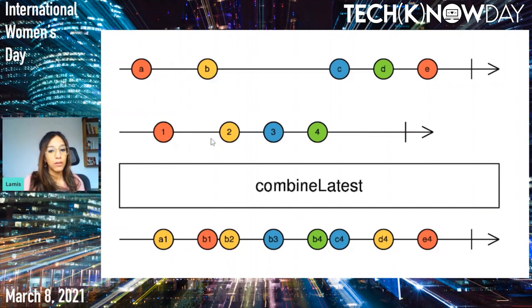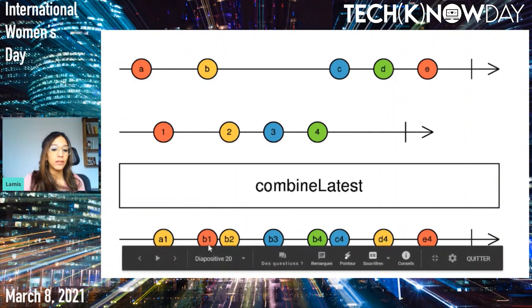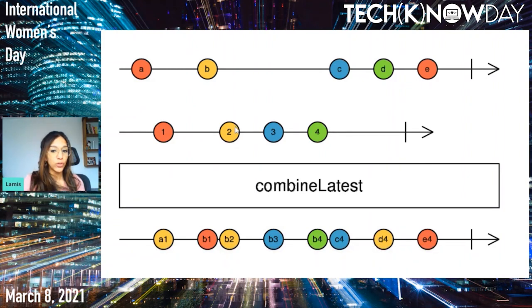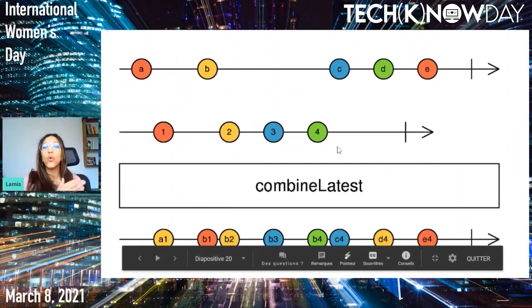At this point, the second observable did not, so the last value is still 1, and it will return B1. Then the second observable emits a new value, so I have to notify my subscribers. Let's see if the first one has emitted a new value. No, the last value is still B, so it will be B2, and so on and so forth.